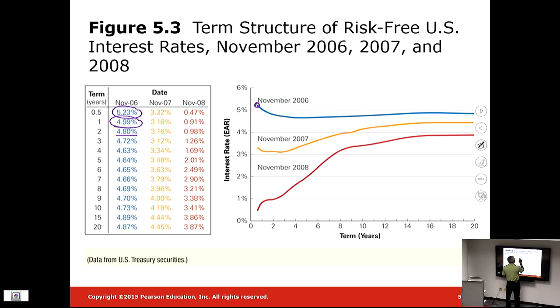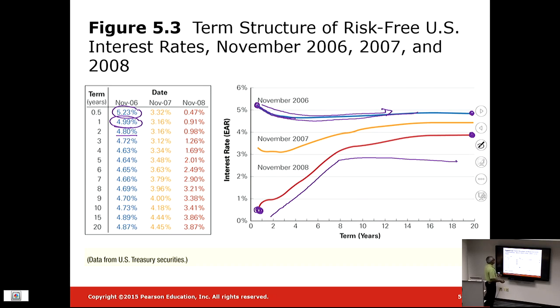For a 1-year bond in November 2006, interest rate was here, whereas for a 20-year bond, the interest rate was somewhere here. In 2008, for a 1-year bond, interest rate was here, but for a 20-year bond, the interest rate was here. So in 2006, over time, interest rate went down and then flattened. In 2008, interest rate went up and then flattened.